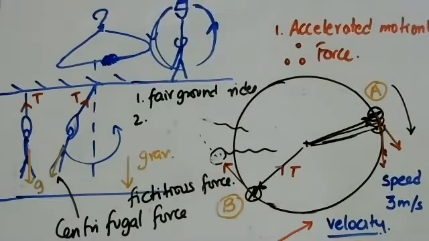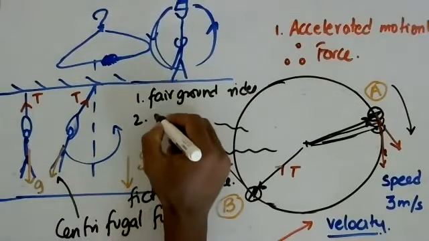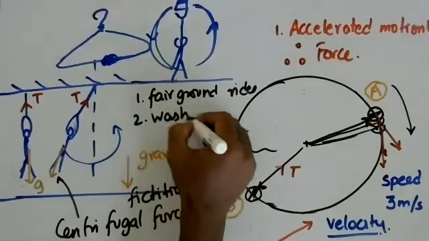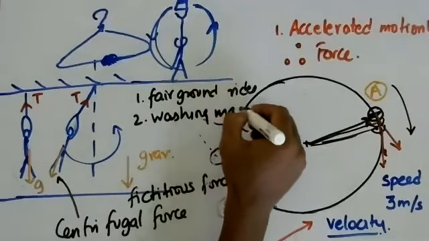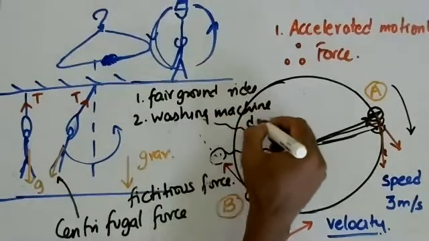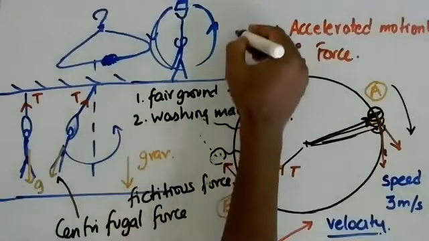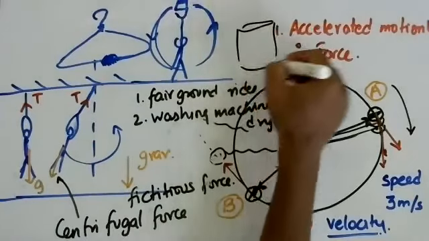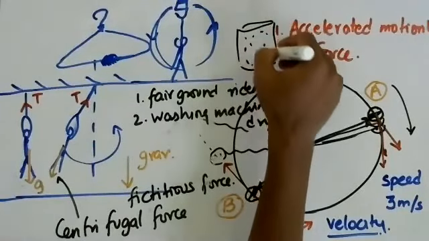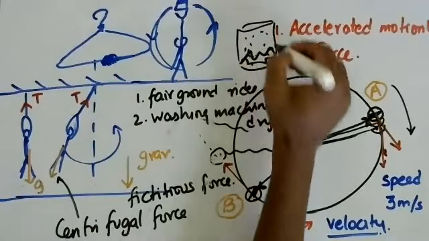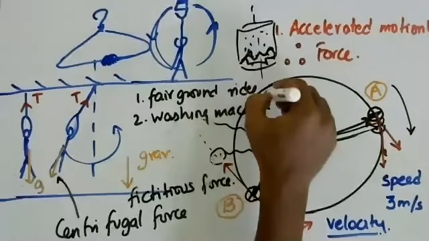Then what else? Washing machine dryers work on the same principle. So there's a spinning artificial gravity. There is a spinning drum, and you have all these clothes inside it, and then there is a kind of axis.